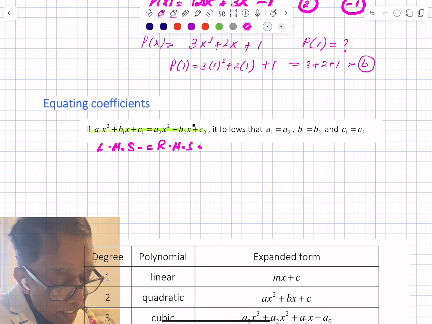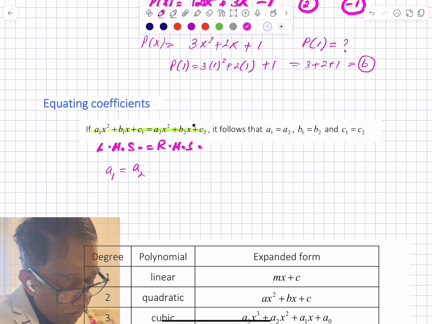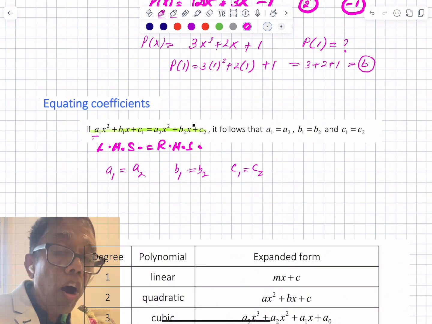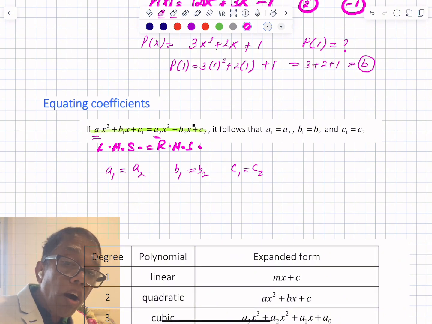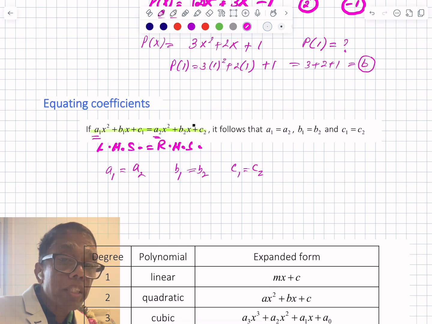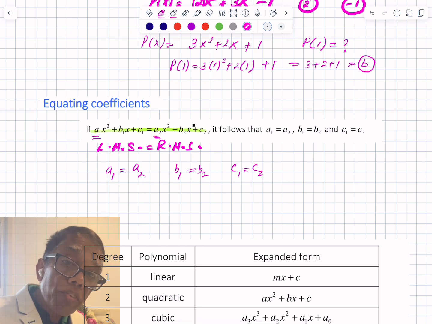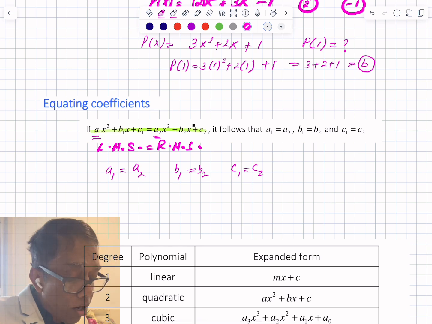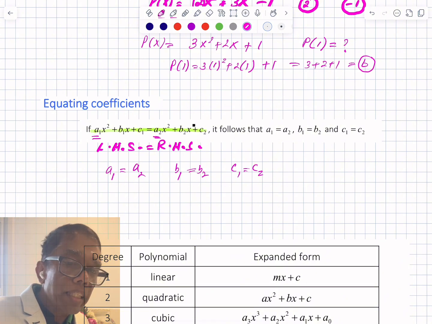Therefore, the leading coefficient a_1 is equal to a_2, b_1 is equal to b_2, c_1 is equal to c_2. The corresponding coefficients are equal, that means the coefficient of x squared is equal to the coefficient of x squared of the other side, as well as the coefficient of x is equal to the coefficient of x of the other side, then the other terms as it is.